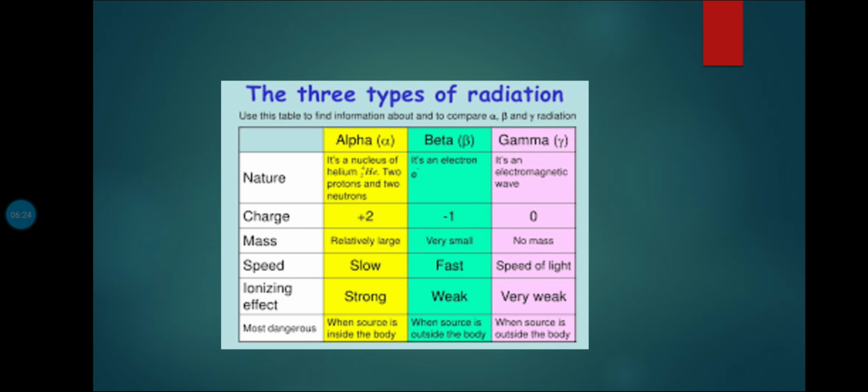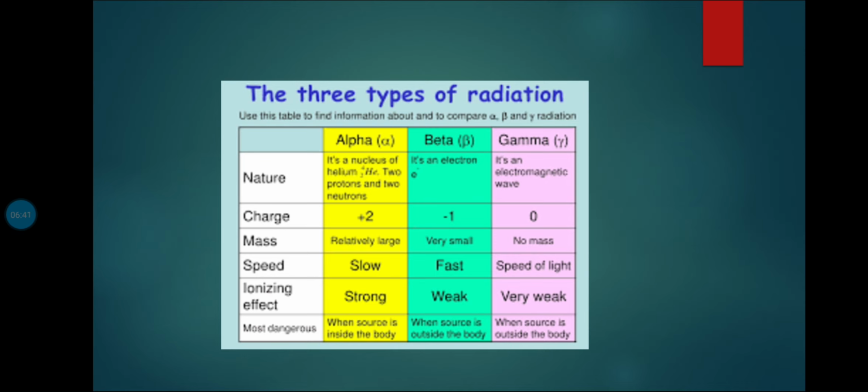Mass: the alpha particles are relatively large, the beta particles are very small, and gamma rays have no mass.